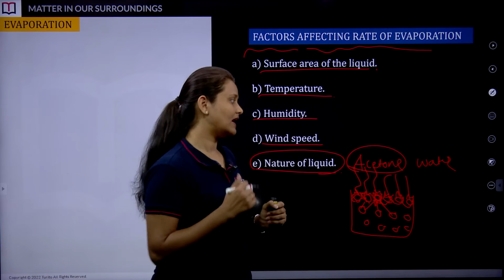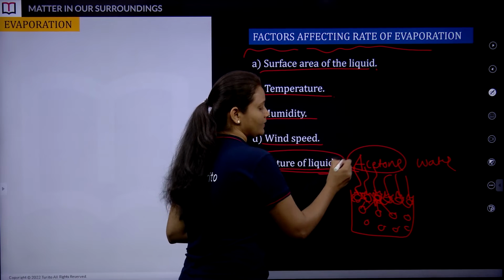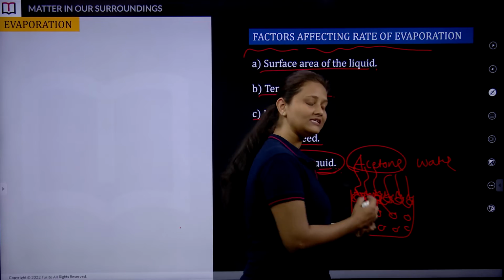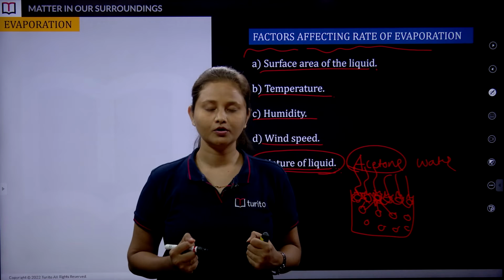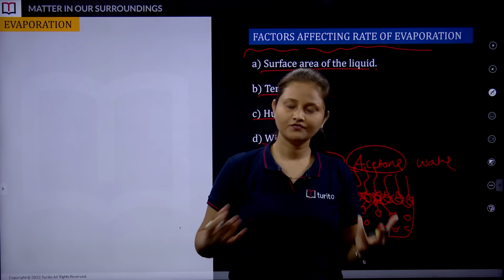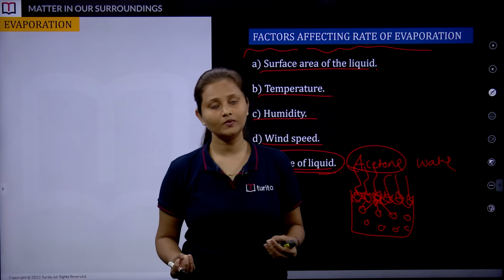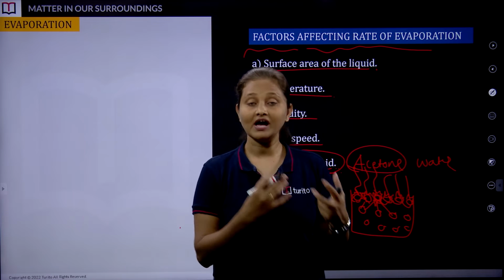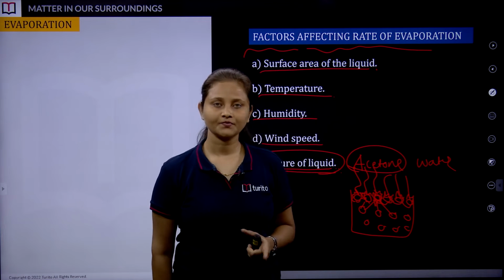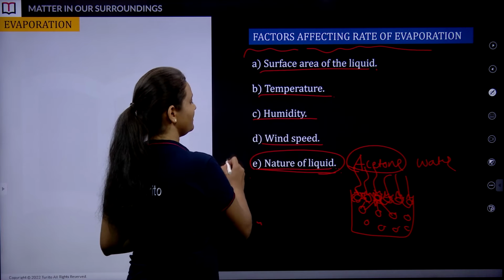So the next point is the nature of liquid. Acetone naturally has the tendency to evaporate much faster than water. So different liquids have different rates of evaporation, some faster than others. That is your factor number 1.